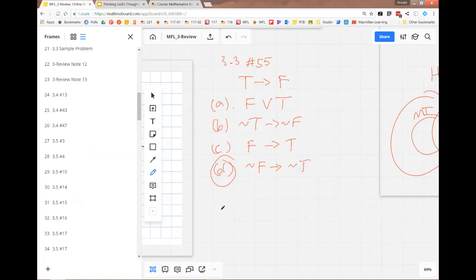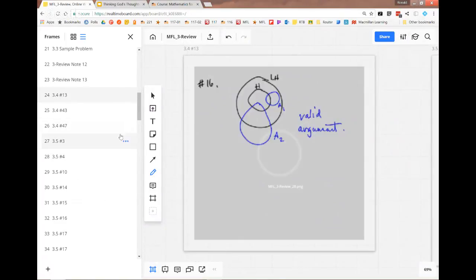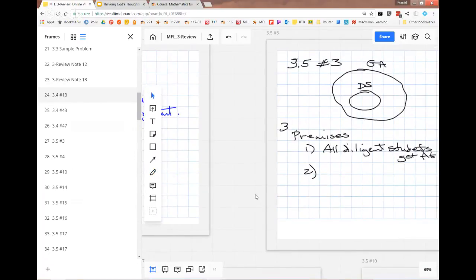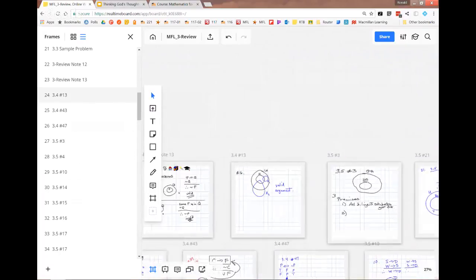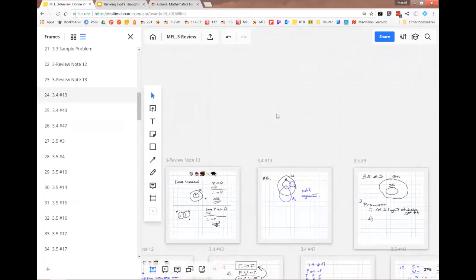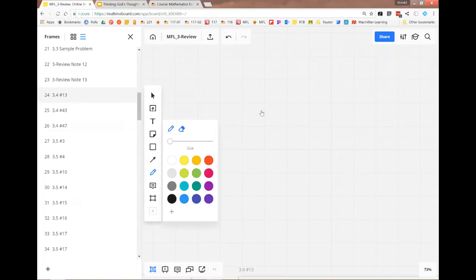I was able to write the statement okay, and then it says true, and I can't wrap my head around why they're saying it's true. Okay, let me find some space. So it's 3.4, number 31. I'm not sure I understand why they're saying that it's true or false, if that makes any sense at all.